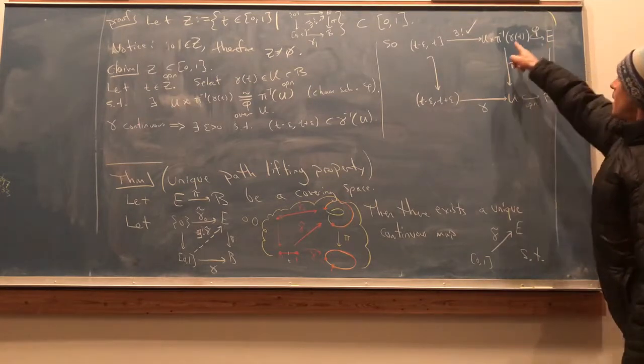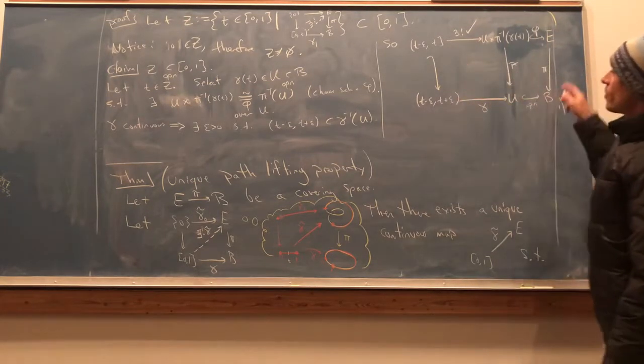So phi implements this map, and we get this commutative diagram.